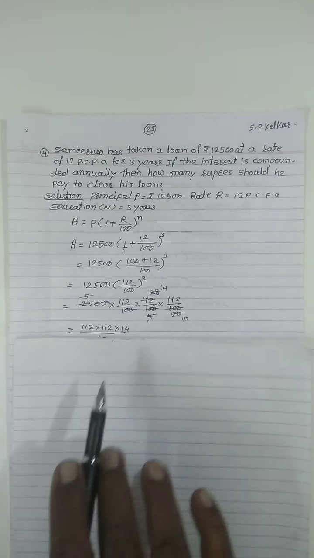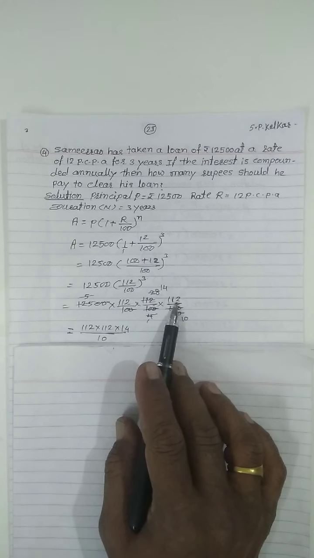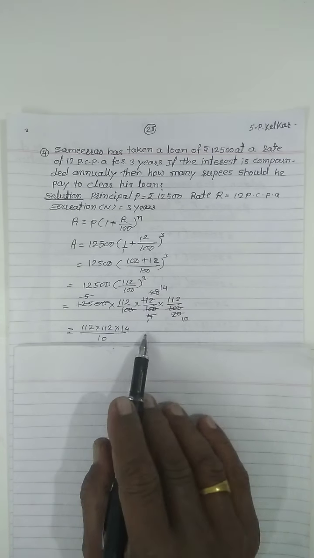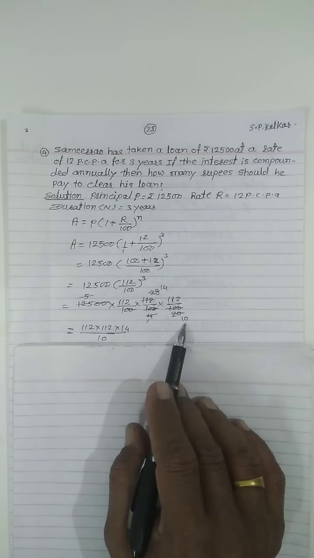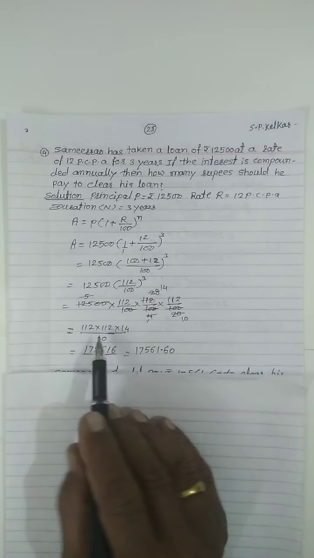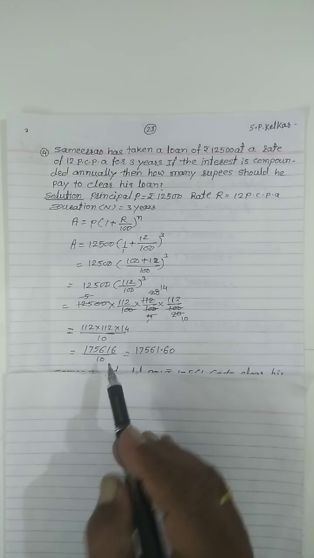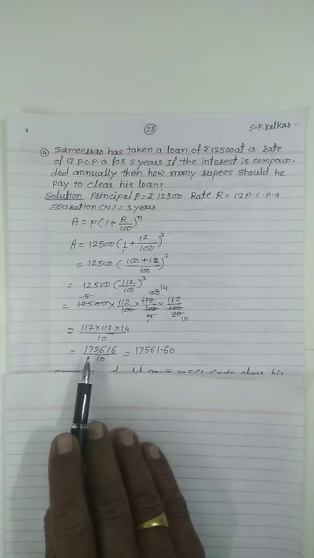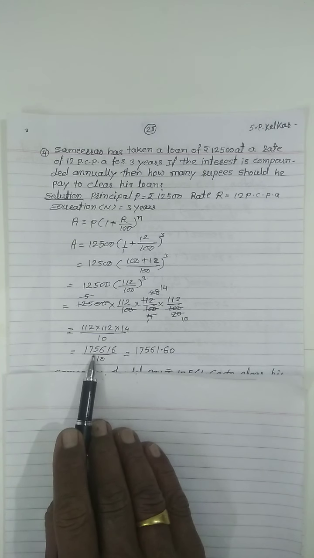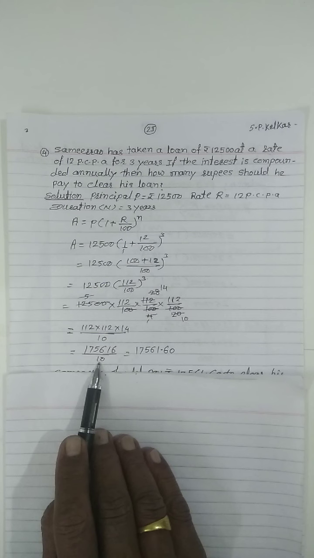So the remaining numbers are 112, then this 112, then this 14, and divided by this 10. Now take the product of these 3 numbers that we get here: 1,75,616 divided by 10.